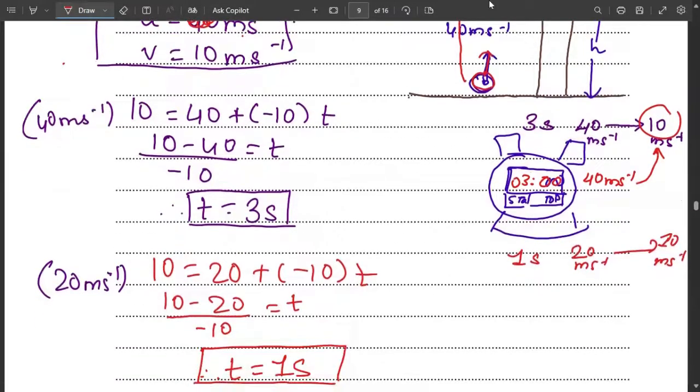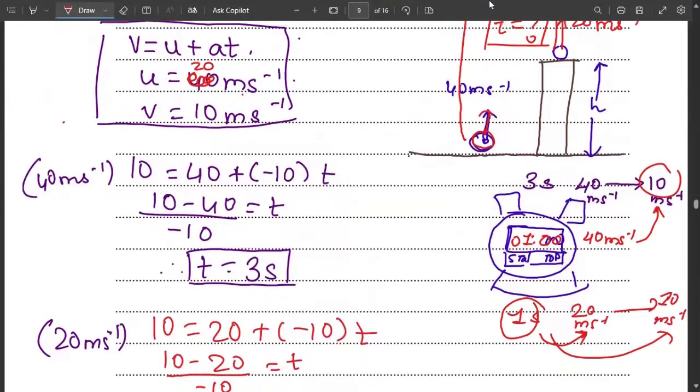But what about this one? I'll question you now. You just tell me if I correctly told it or not. That as the stopwatch shows 1 second, the speed will go from 20 meters per second to 10 meters per second. Is that correct? No, that's wrong. Why?